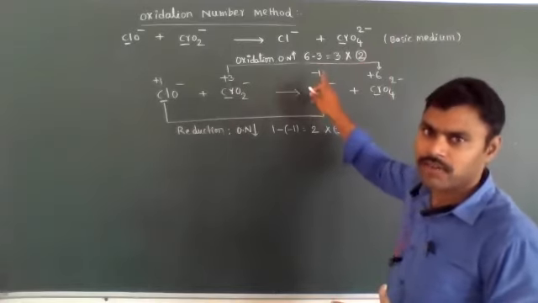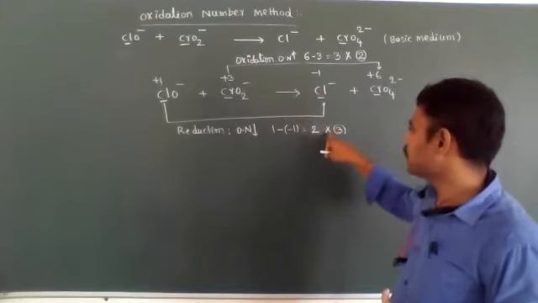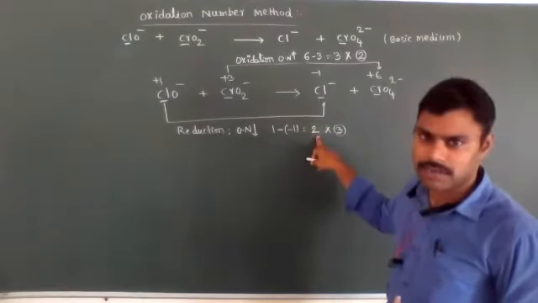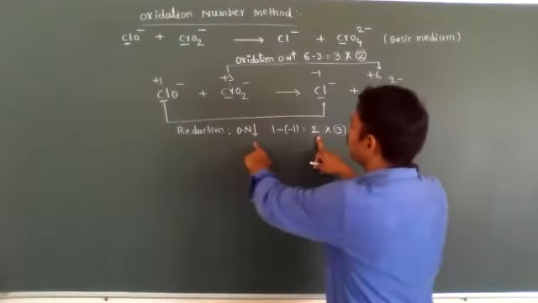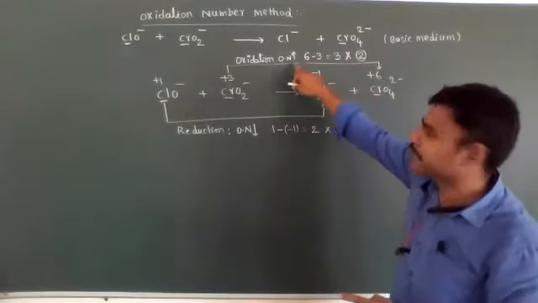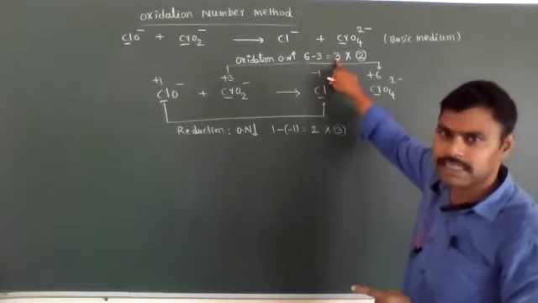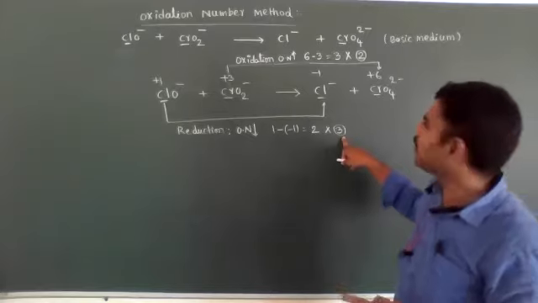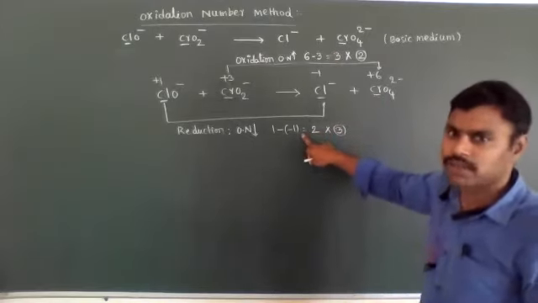The oxidation reaction is multiplied with the decrease in oxidation number of the reduction reaction, and the reduction reaction is multiplied with the increase in oxidation number of the oxidation reaction. The oxidation number is increased by 3, so the reduction reaction is multiplied with 3, and the oxidation number decreased by 2 units in the reduction reaction.